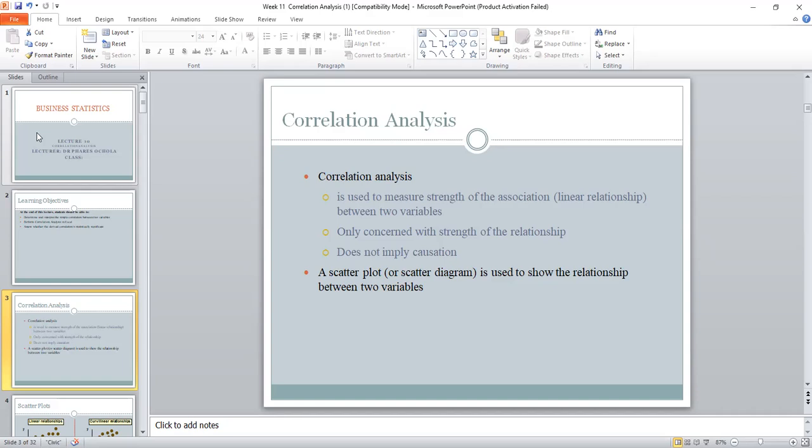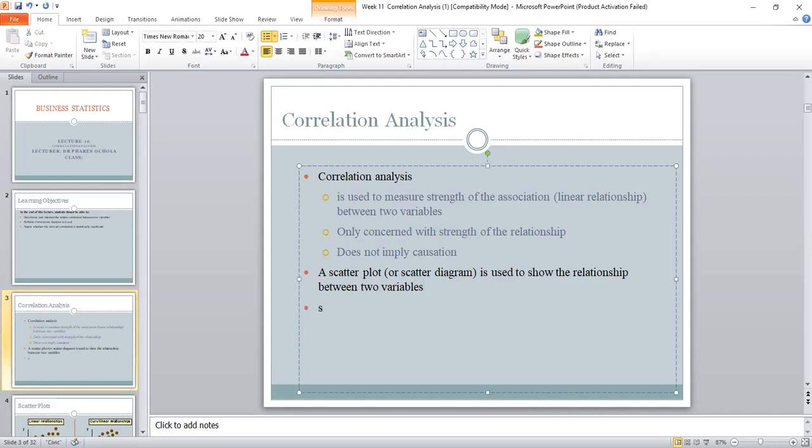Then lastly, the third type of correlation is null, N-U-L-L, or spurious. Spurious is just zero correlation.